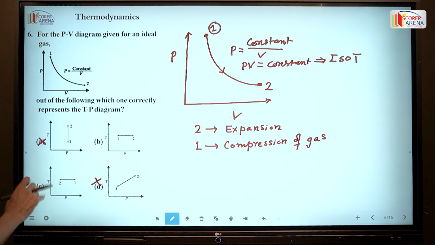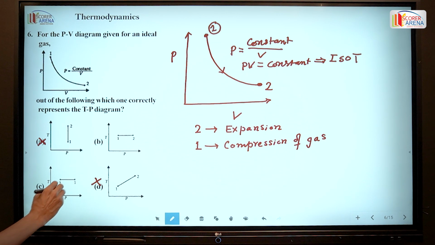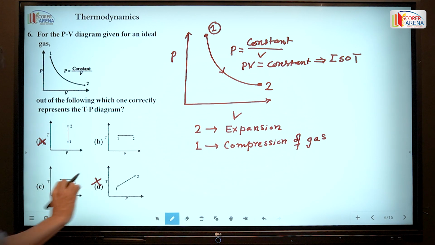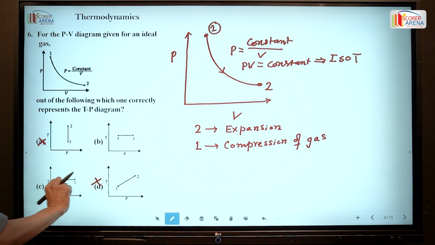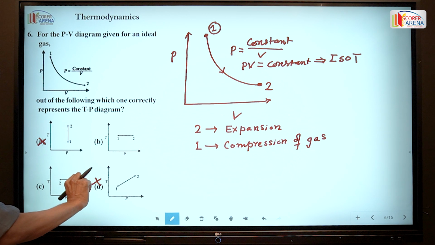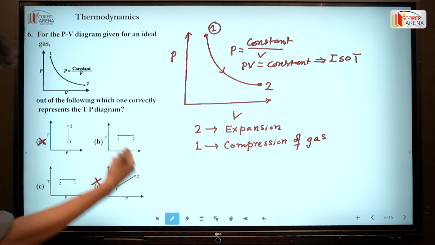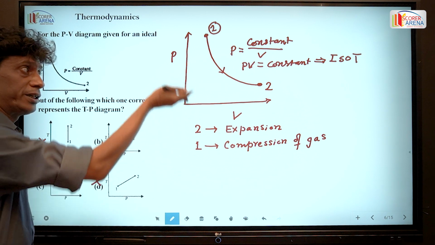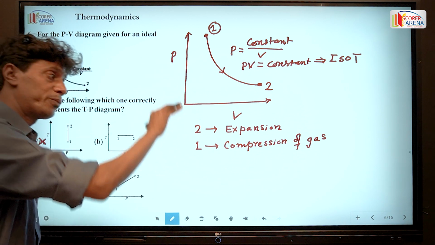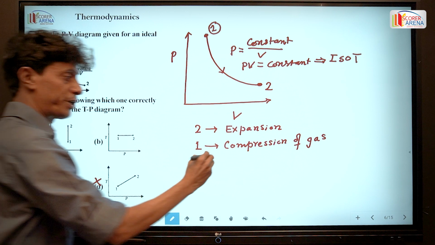So option B and C. In option C, 1 represents pressure increases. Pressure increases means volume decreases, that is compression of the gas. As per Boyle's law, if the pressure increases, the volume of the gas decreases, that is compression of gas.